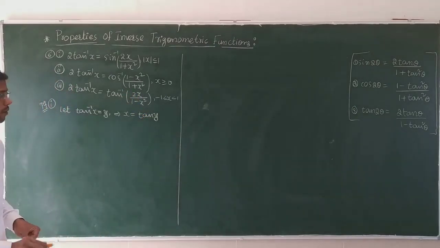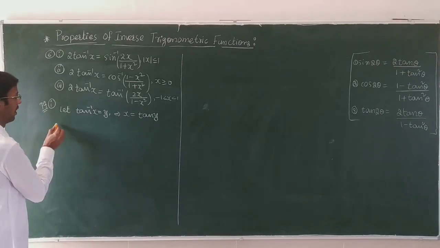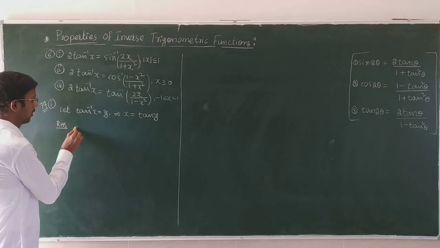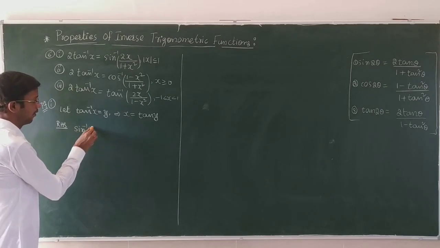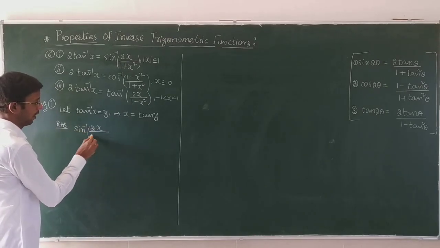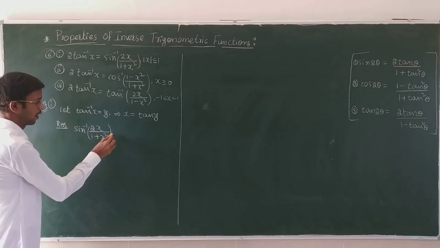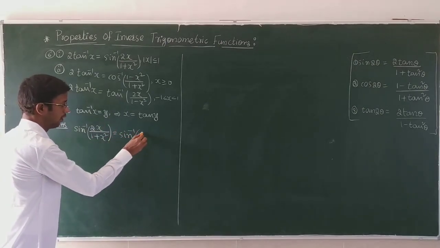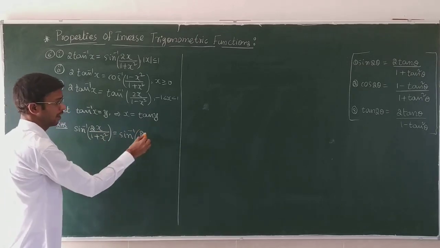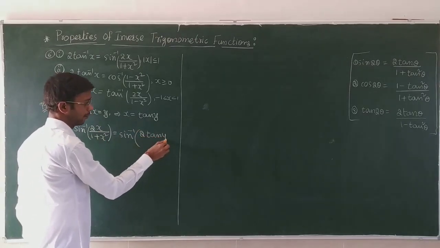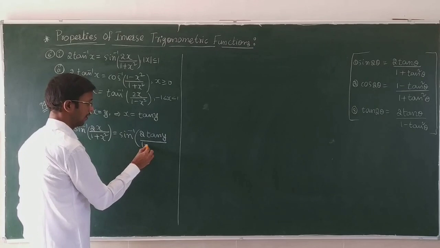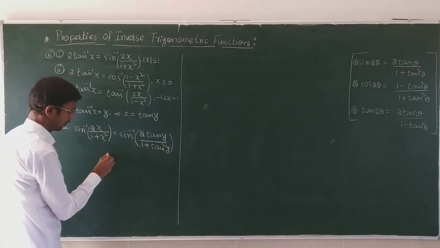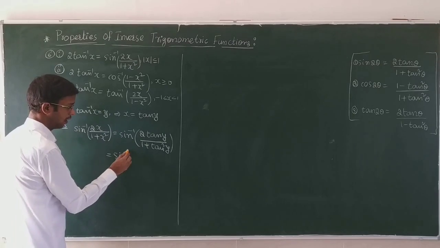Now the RHS part: sin inverse of 2x by 1 plus x square. X is tan y, so this is sin inverse of 2 tan y divided by 1 plus tan square y, which is equal to sin inverse of.